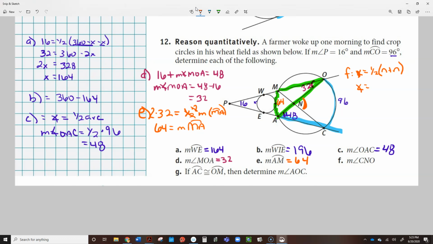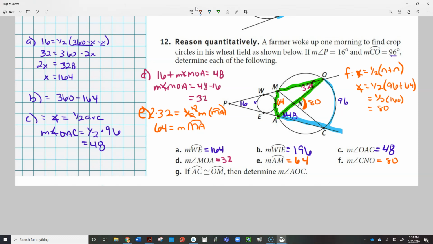The angle is equal to half the sum of the arcs, and the arcs are 96 plus 64. So 96 plus 64 is 160. So we're going to take half of 160, and that's going to be 80. So the measure of angle CNO is 80.